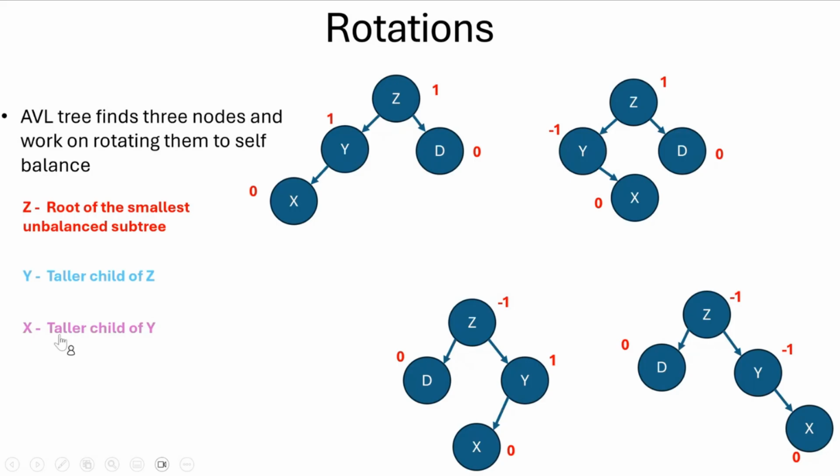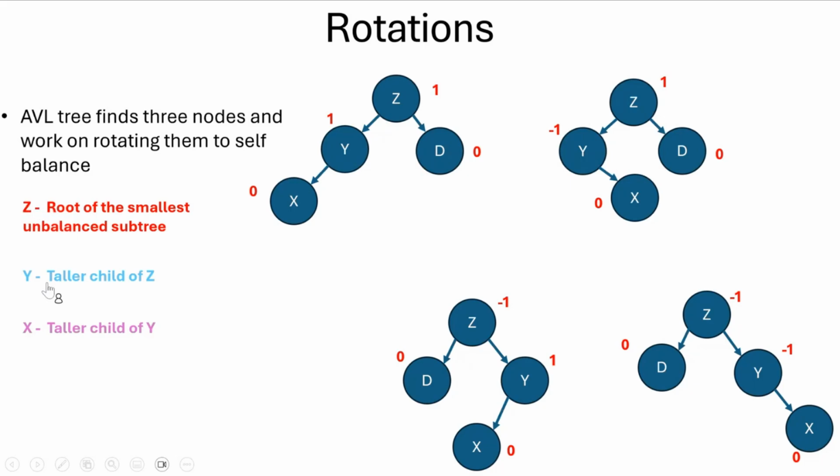Now x is different here. In case of insertion, x is the node which is in the insertion path, because that is the path where height increases when we add a new node. In case of delete, we need to check which particular subtree is making z unbalanced.